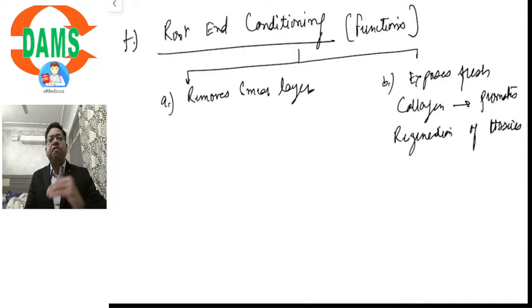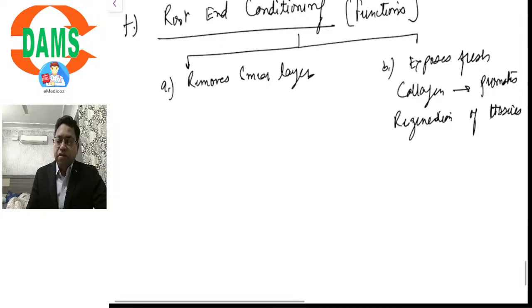It would expose the fresh collagen of the dentine that would liberate certain growth factors like transforming growth factor beta 1, bone morphogenetic proteins, etc., that would enhance the regeneration or repair of the periapical tissues. So these are the two functions that we achieve by root end conditioning.